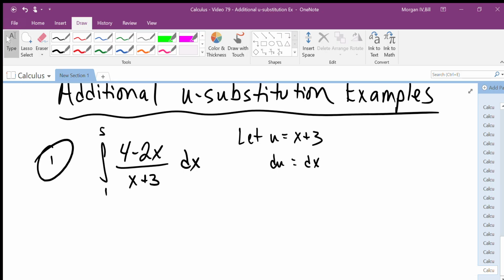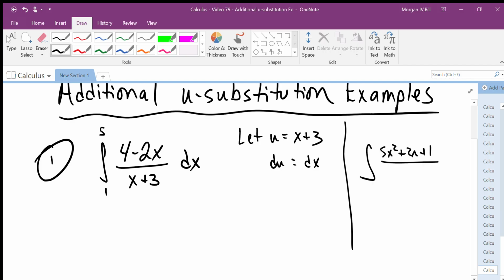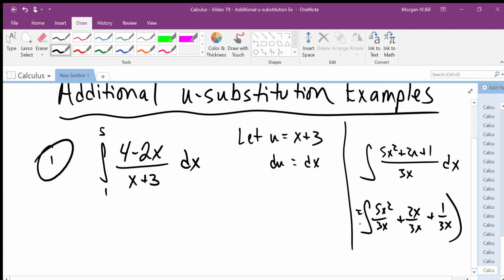The reason we would choose the denominator here is oftentimes we would like to, if we had like a monomial, right? So it's a completely separate example. When we had the integral of, say, (5x squared plus 2x plus 1) over 3x, one thing we would do here is we would take each term in the numerator divided by that denominator, because that denominator was a monomial. We would do the integral of 5x squared over 3x plus 2x over 3x plus 1 over 3x dx.